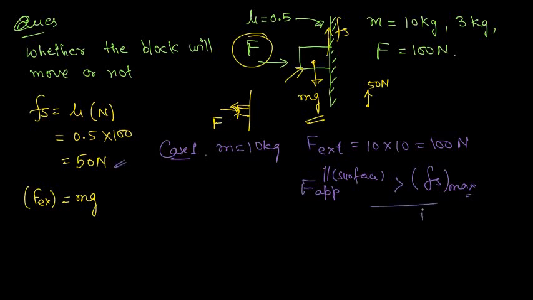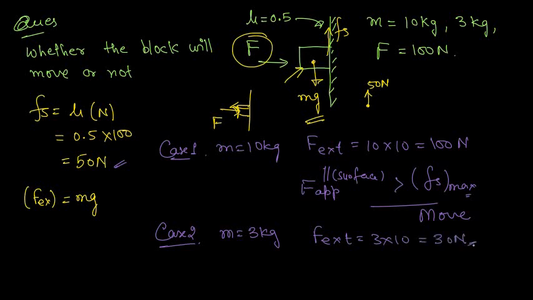So in this condition, the block will move. If we consider the second case, when mass is equal to 3 kilogram, then you can see the external force is 3 into 10 equals 30 Newton. In this case, the force that you applied, which is parallel to the surface, is less than the maximum frictional force. So the block will not move in this condition.